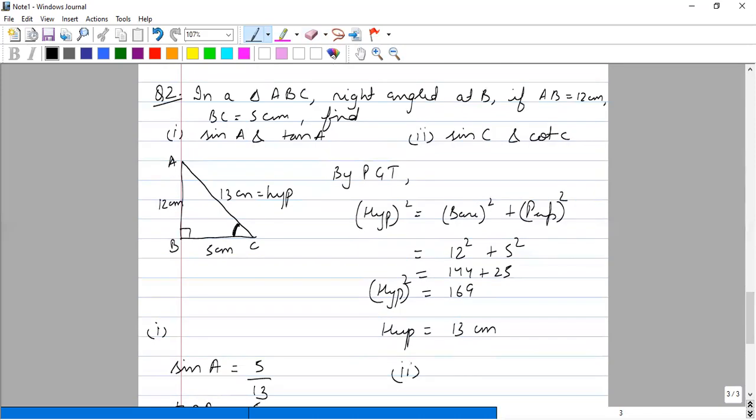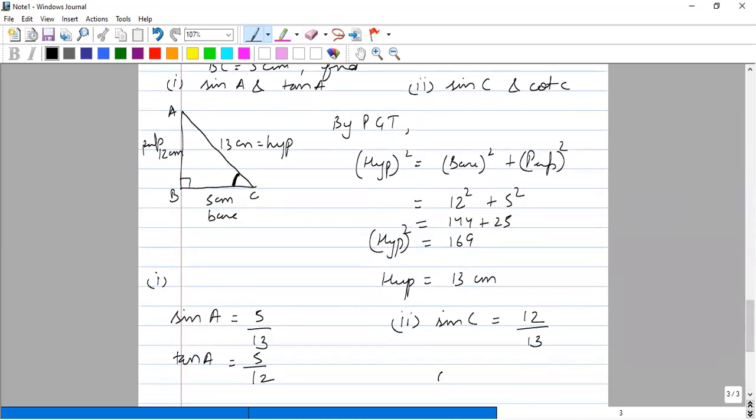Okay. If the angle of observation is C, then base becomes BC and AB becomes perpendicular. Okay. Then for sine C, the formula for sine is perpendicular upon hypotenuse. Perpendicular becomes AB, that is 12 centimeter, upon hypotenuse, that is 13.